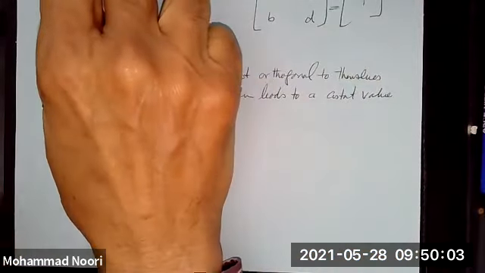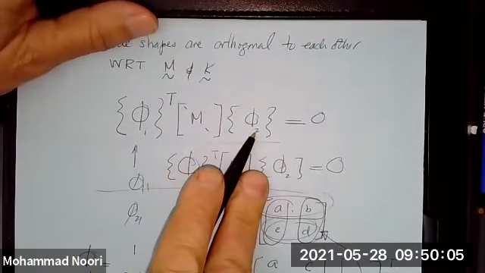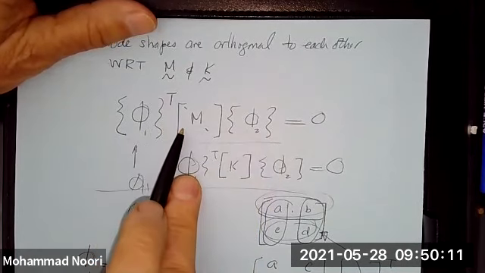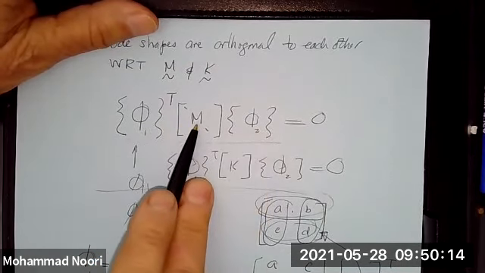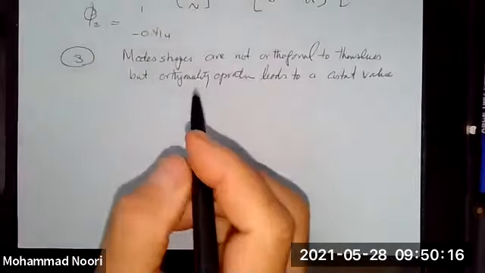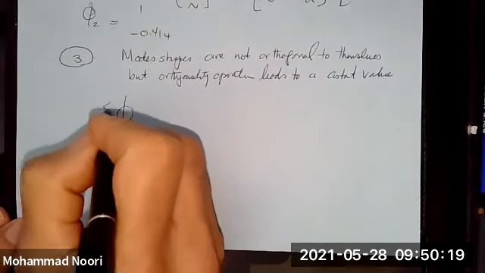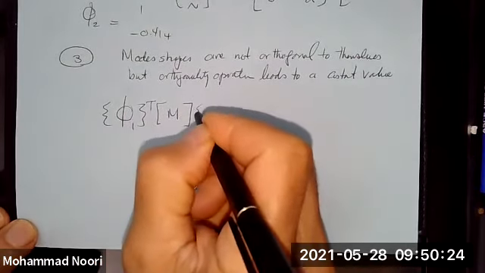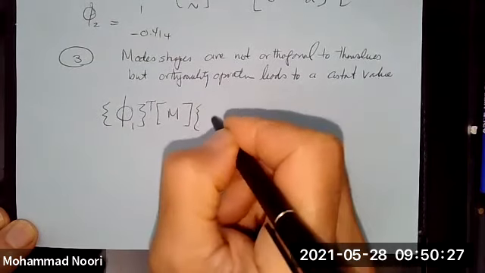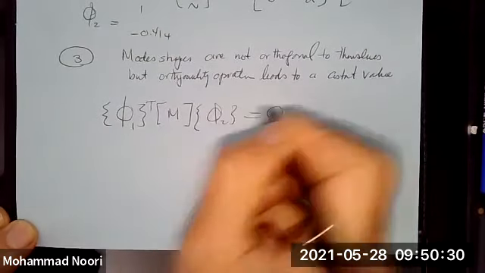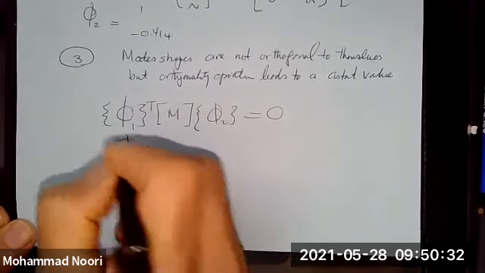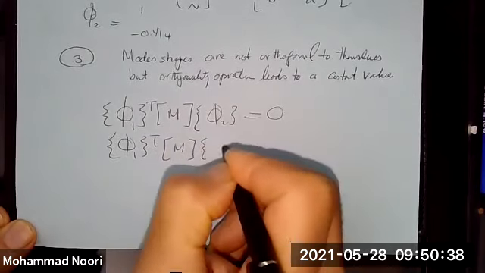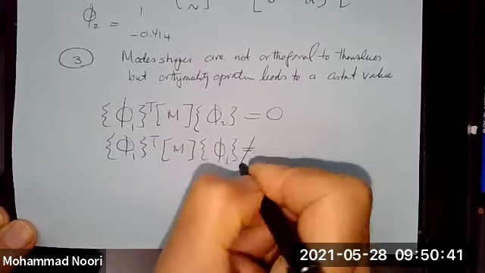See, we considered the phi1 and phi2 orthogonal to each other with respect to this. But if you write this operation, phi1 transpose times mass matrix times, so in other words, if you wrote this one, this was 0, right? But if you write phi1 transpose times mass matrix times phi1, this is not 0.